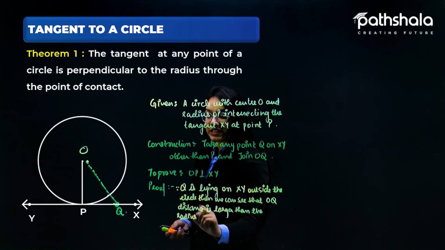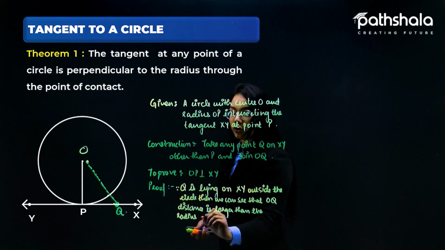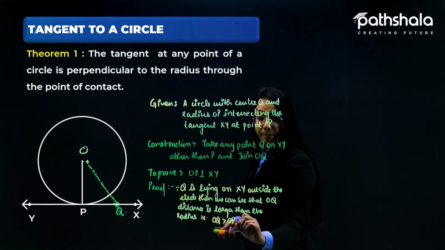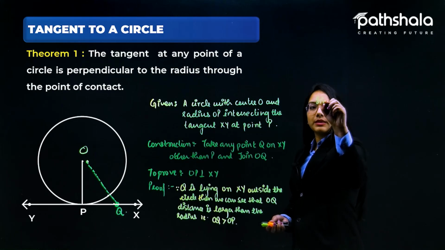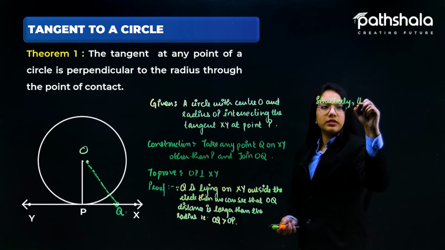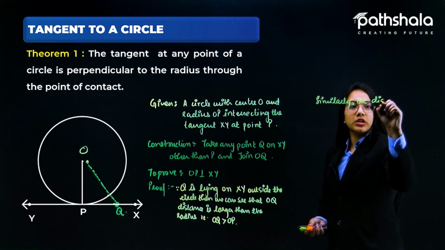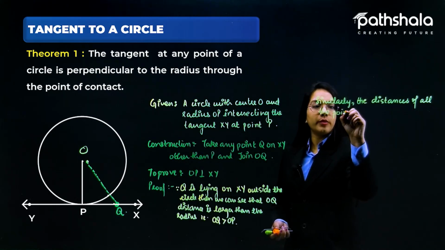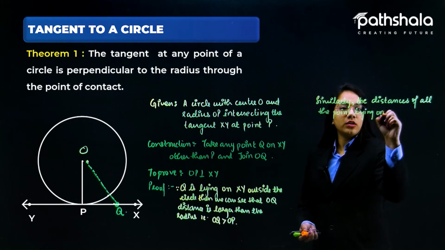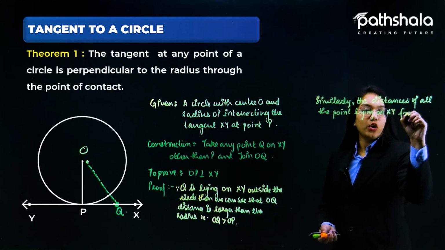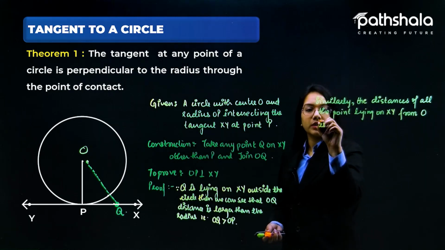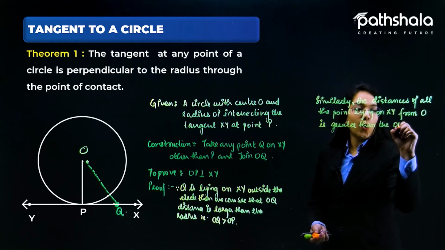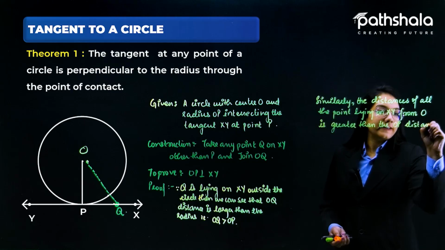You can see for yourself that OQ is greater than OP, and similarly the distances of all the points lying on XY from O are greater than the distance OP.